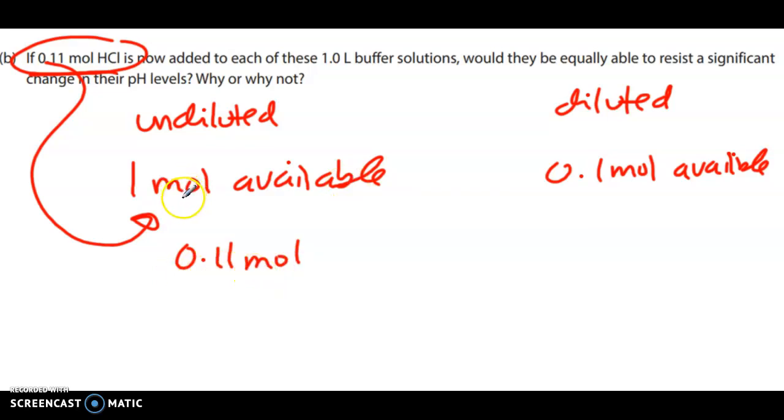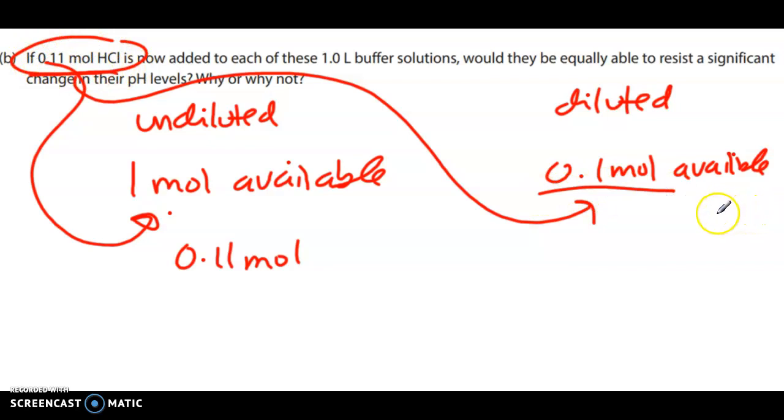So this can shift to either be 0.11 moles more or less. However, if you compare it to one that has only 0.1 moles available, you're basically adding in more moles of HCl than what is originally there. So this is not going to be able to properly shift and have a resistance in the pH levels accordingly, because you're basically doubling the amount of moles, right?